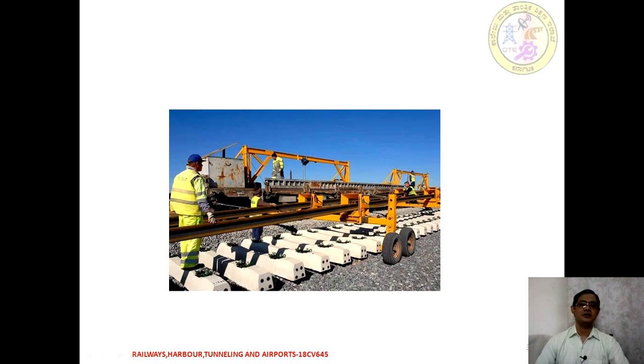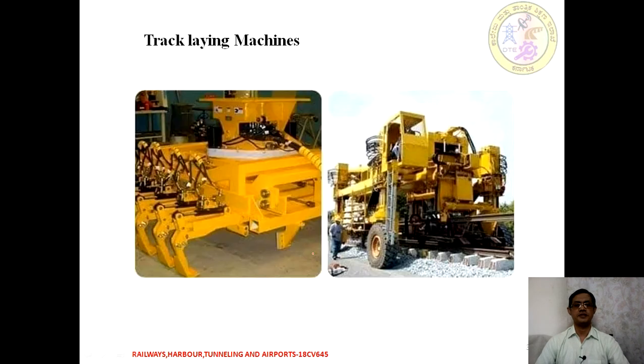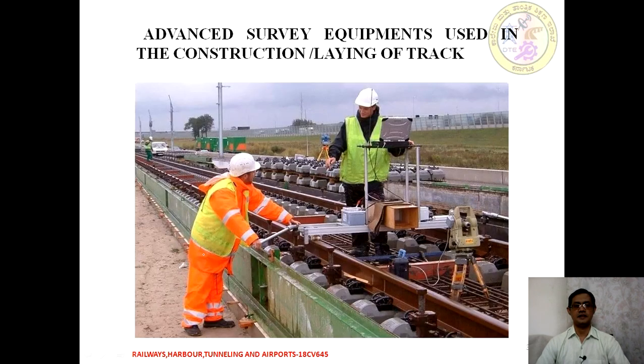This is how the rails are shifted and placed. This is the track assembling machinery or sleeper fixation. It holds the sleepers in position and fixes the rails. After that, compaction is done simultaneously.